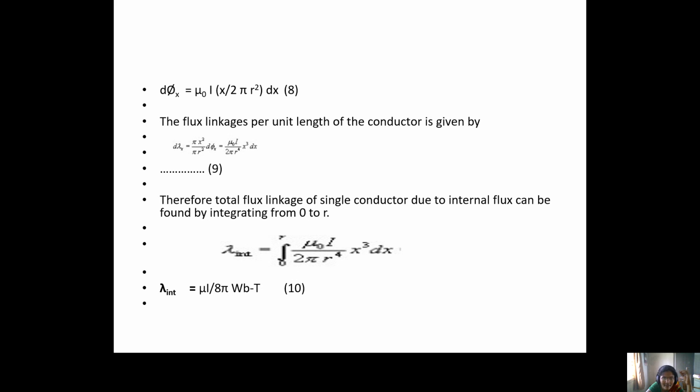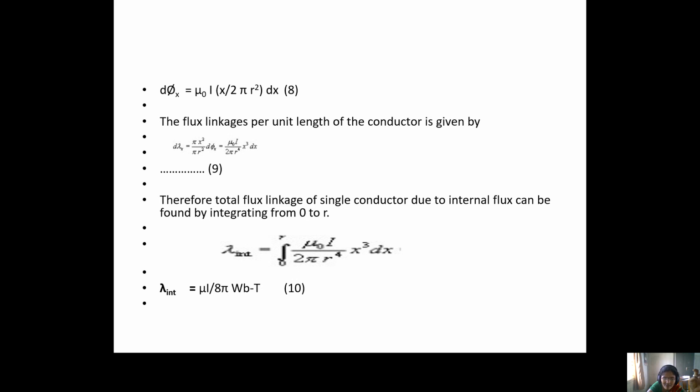In place of d phi x, substitute this value. Evaluating, finally you get d lambda equal to mu I by 2 pi r to the power of 4 into x square dx. Therefore, the flux linkages for a single conductor due to internal flux are found by integrating from 0 to r.